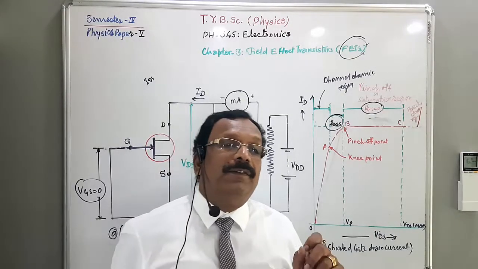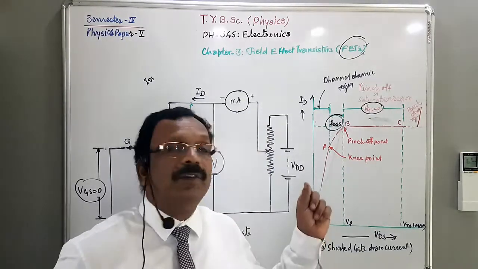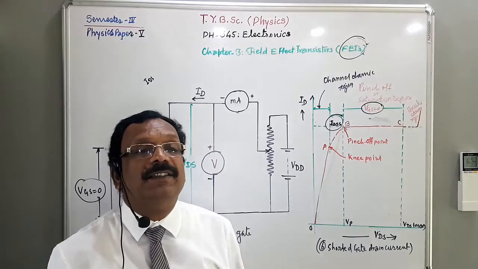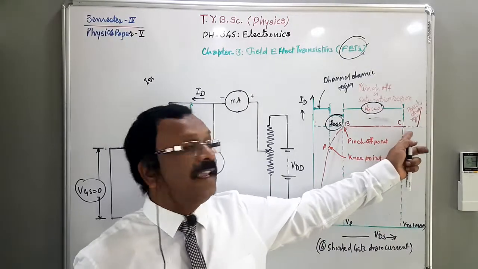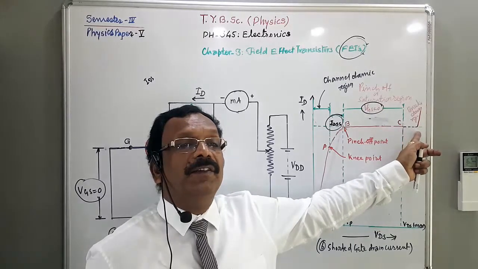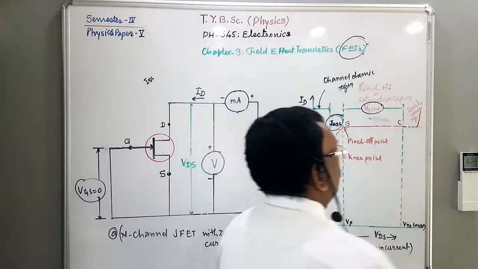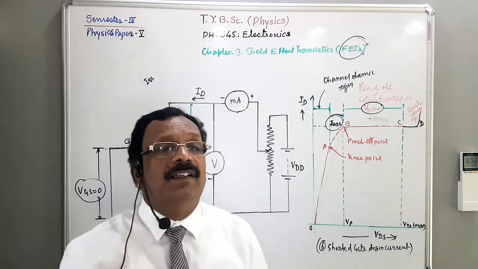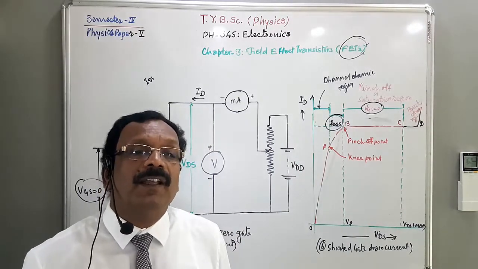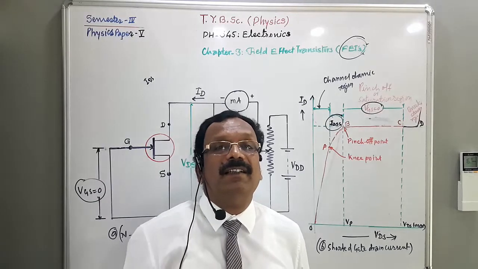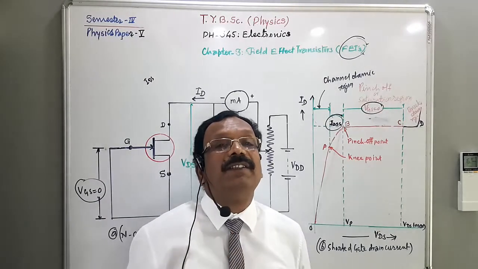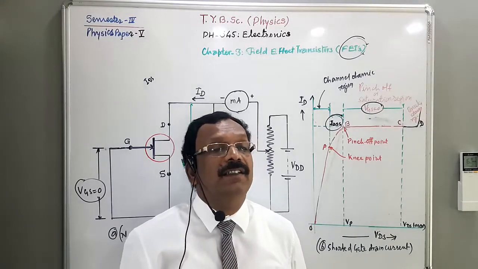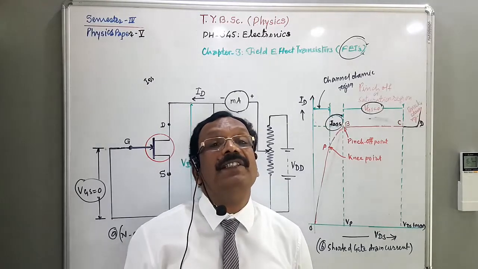When VDS, that is voltage between drain and source, is continuously increased, a stage will be reached when gate channel junction breakdown occurs. The gate channel junction breaks down, and this is the result of charge carriers, which make the reverse saturation current at the gate channel junction, being accelerated to high velocity and producing avalanche effect.